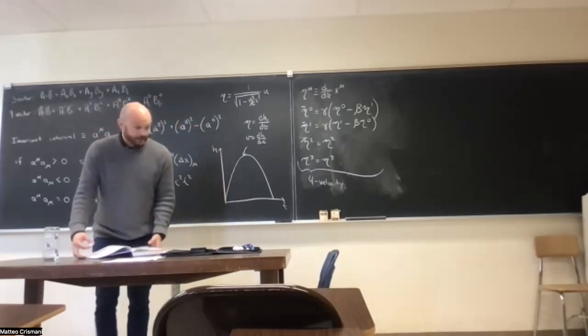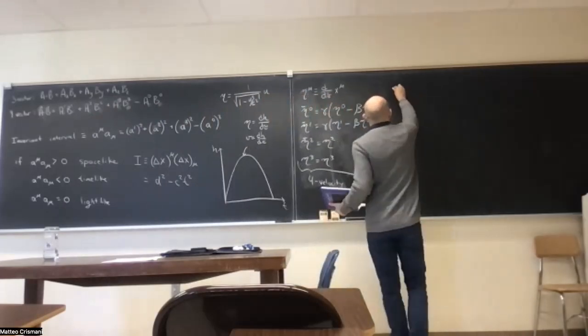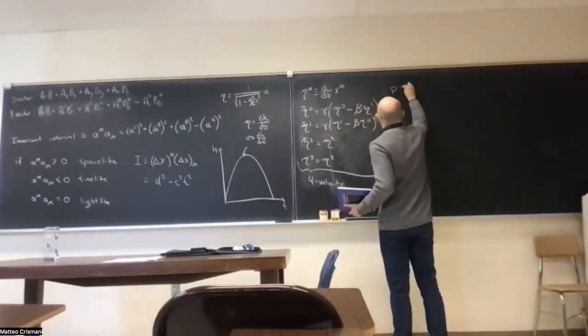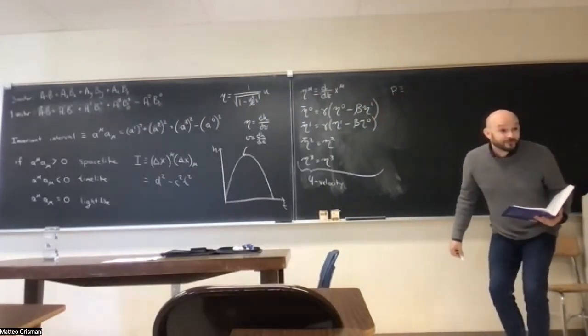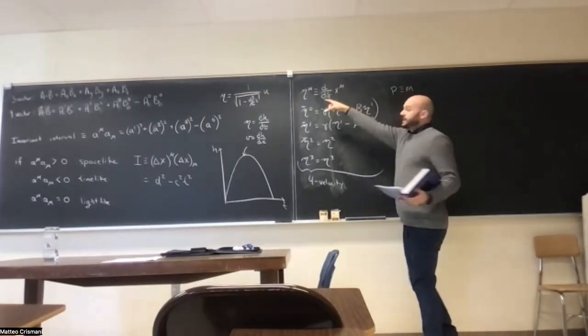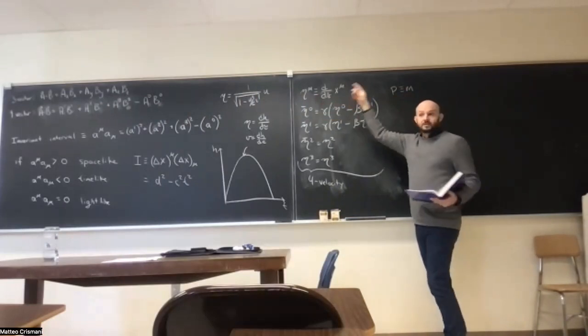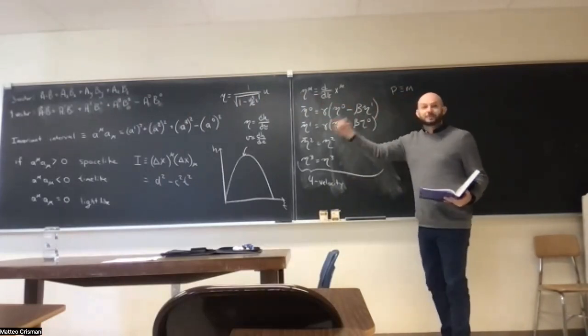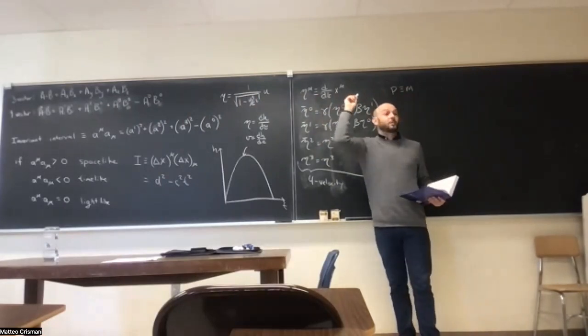So the first one is, how do we define momentum? mv, very good. But I'm going to use the relativistic momentum here, because I want the relativistic speed, so that I can get the relativistic velocity, so I can get the relativistic momentum.